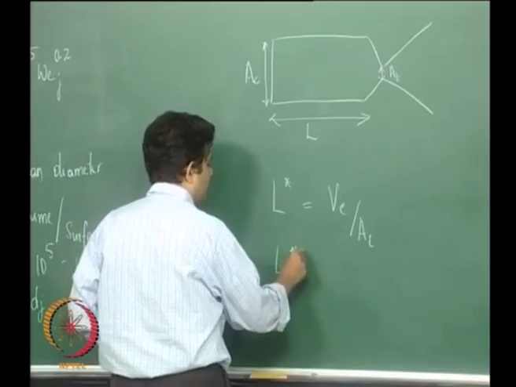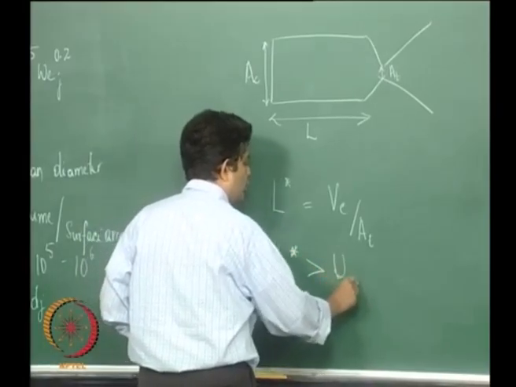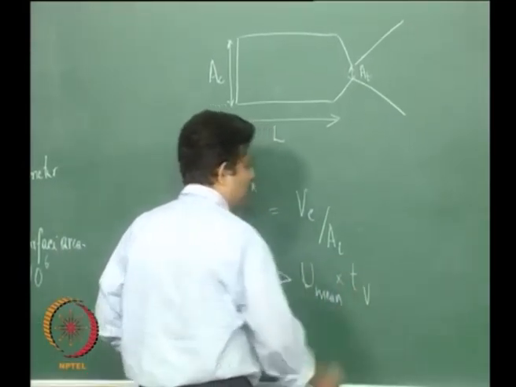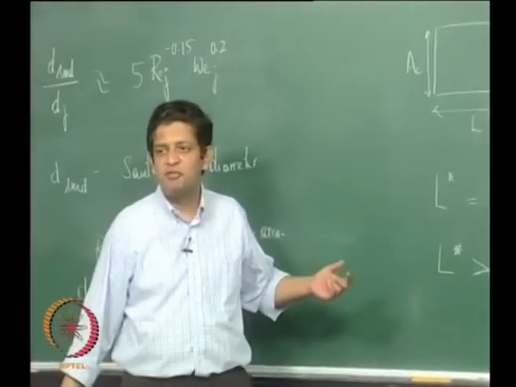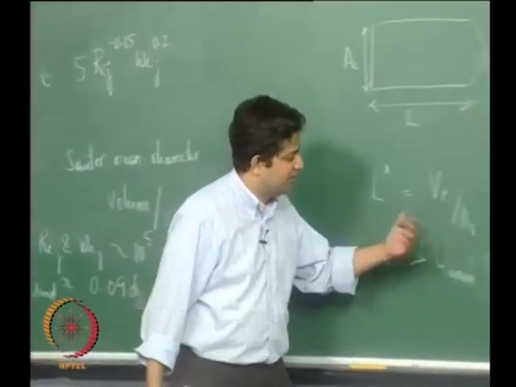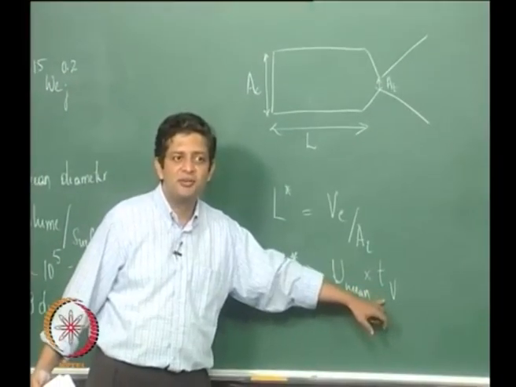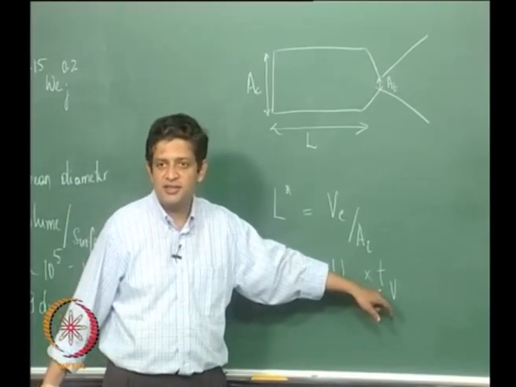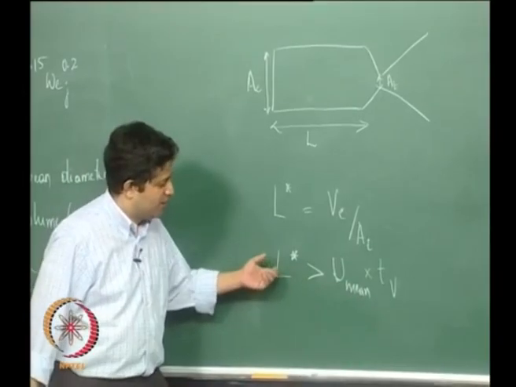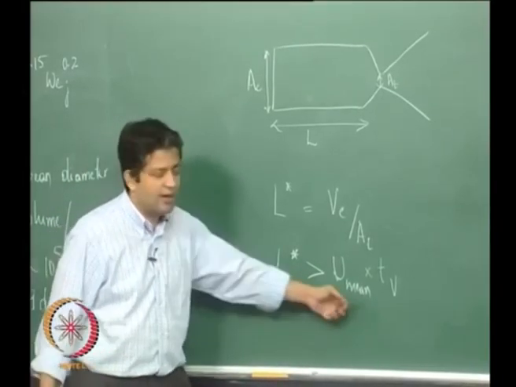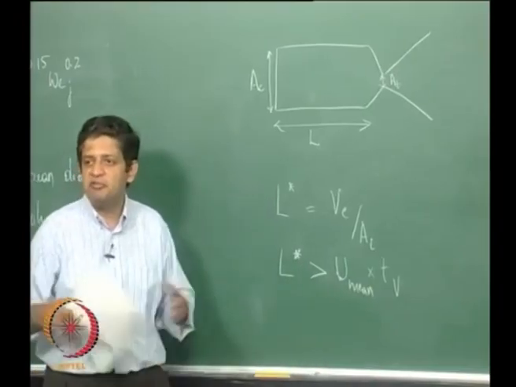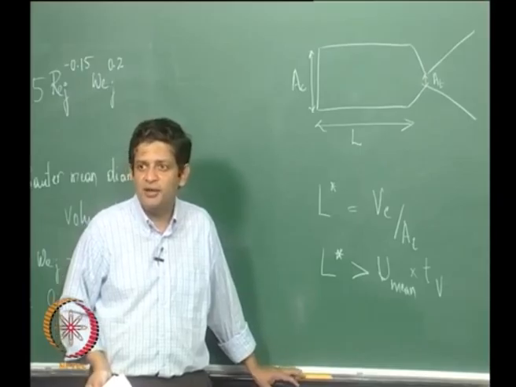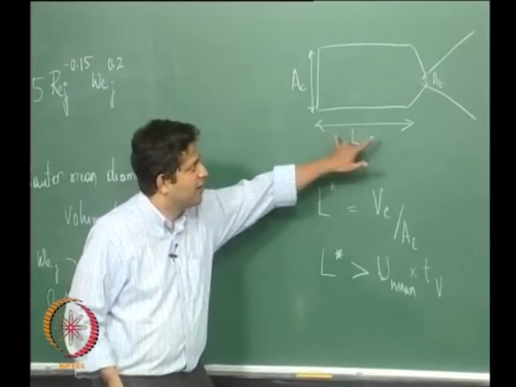So L star should be greater than u mean into time of vaporization, right. We discussed in the previous class that the vaporization process is probably the slowest process, and this is the time that will be the largest, other times are smaller than this. So if you design a motor such that L star is greater than this, then you are going to have a chamber wherein the combustion is going to be nearly complete, okay. So we have now looked at what is the length.